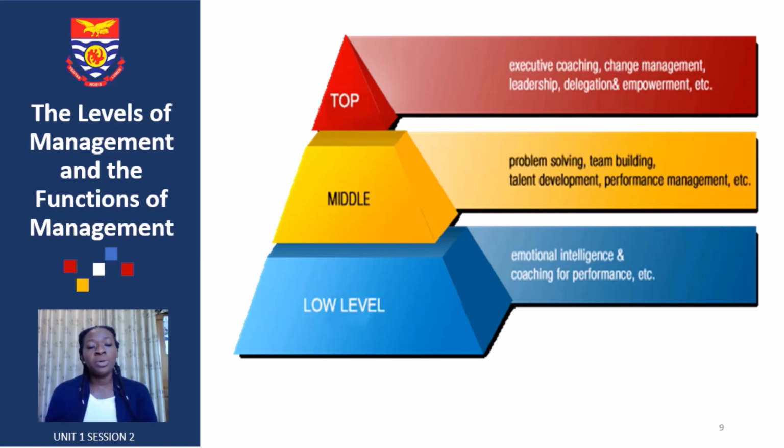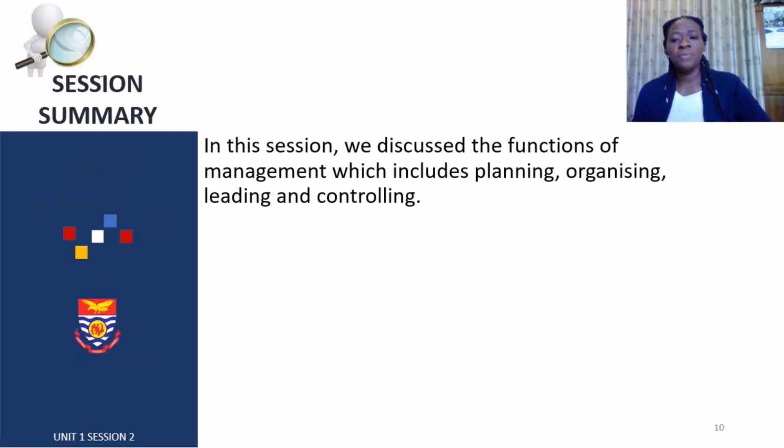As such, we call them the operational managers, or operation level. In this session, we've discussed the various functions of management, where we looked at planning, organizing, leading, and controlling, as well as the various levels of management.